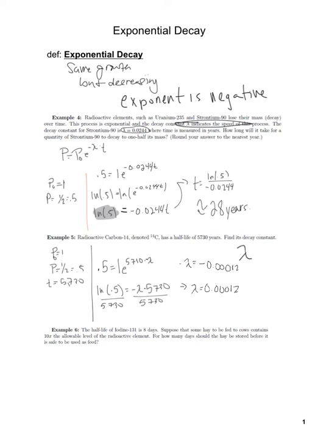All right, if one's negative, the other's negative, I can just get rid of both negatives. All right, so that found our decay constant.